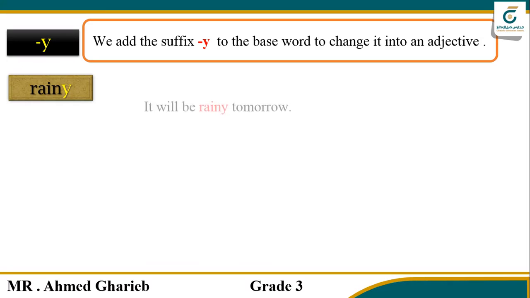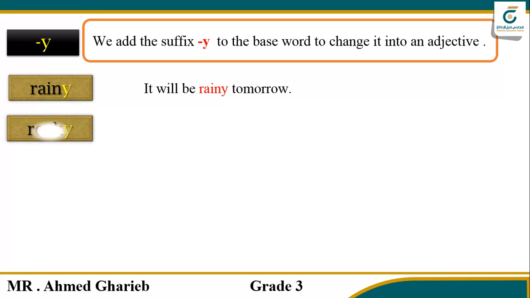For example, it will be rainy tomorrow. So it will be raining a lot. Rocky. Rock is a noun. If we add y, it changes the noun into an adjective. So rocky means made of rocks or full of rocks. For example, the Earth is a rocky planet. Okay?